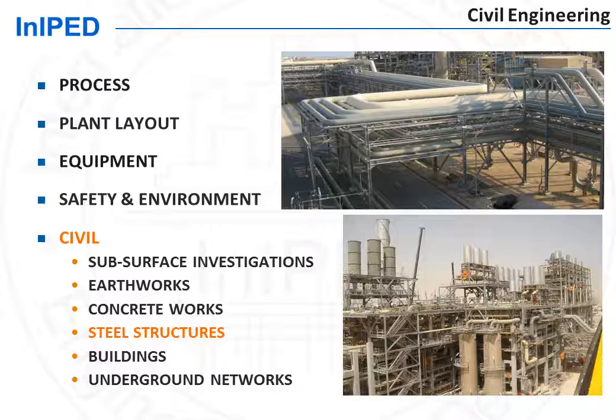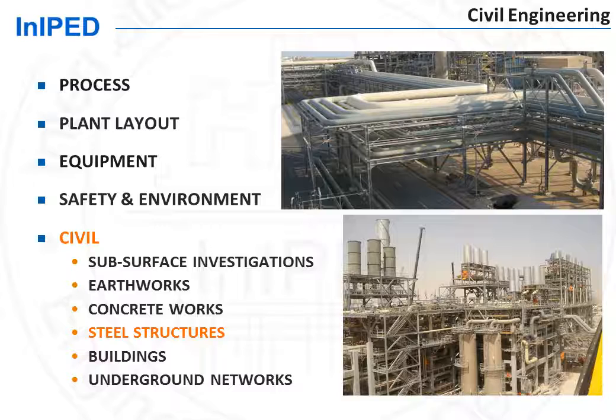Steel structures include process structures which support equipment as well as pipe racks. The input of their structural design is the geometry, which is defined by plant layout, and the loads.